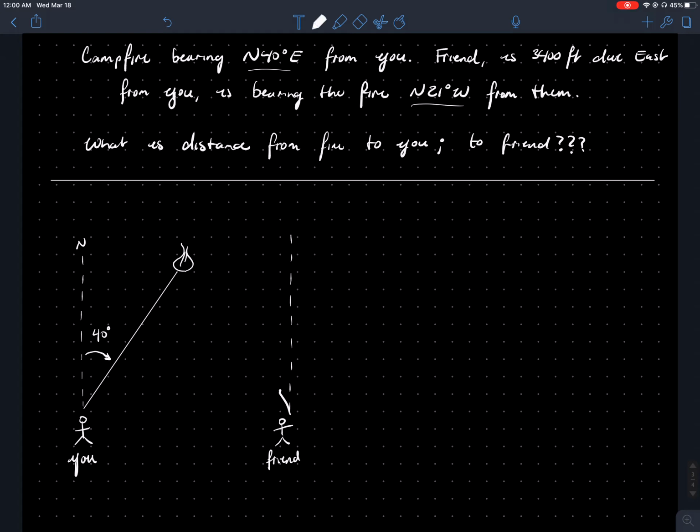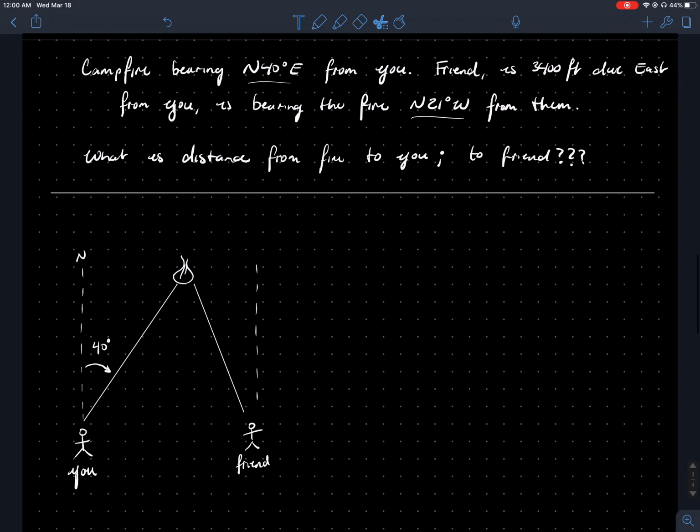is north bearing, it's actually, yeah, let's move the friend a little bit. Say the friend is right there. Let's adjust his position a little bit, because we know that he is directly east of you, right?